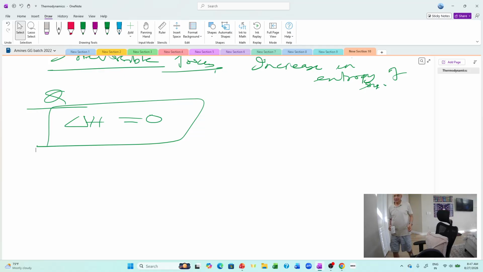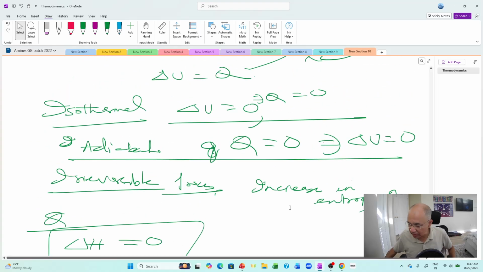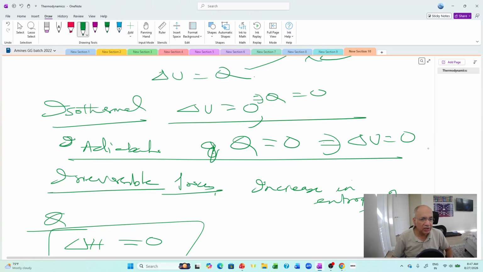When we were discussing the cyclic process, when del U is equal to 0, here also del H is equal to 0.